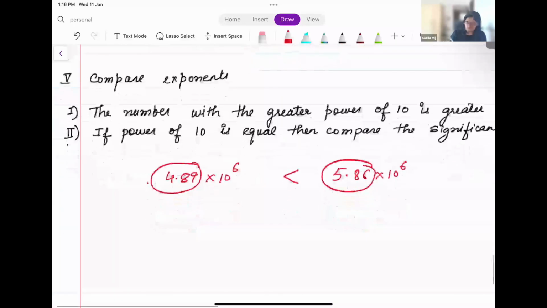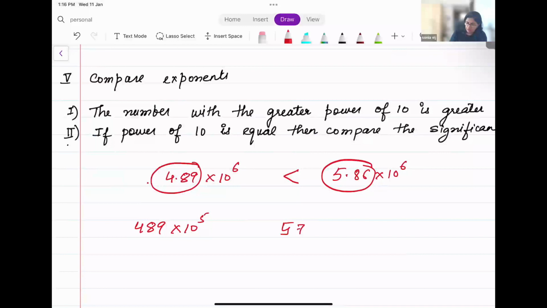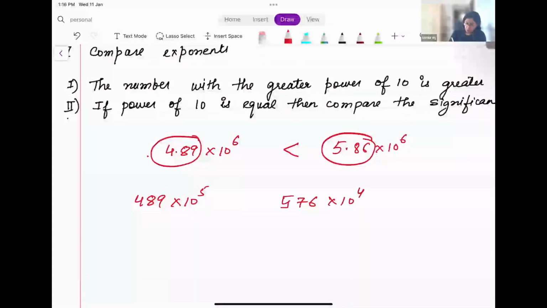But now if the numbers are like this, 489 into 10 to the power 5 and 576 into 10 to the power 4, we don't know which number is bigger. We'll first change them to scientific notation. This will become 4.89 into 10 to the power 7. This will become 5.76 into 10 to the power 6.